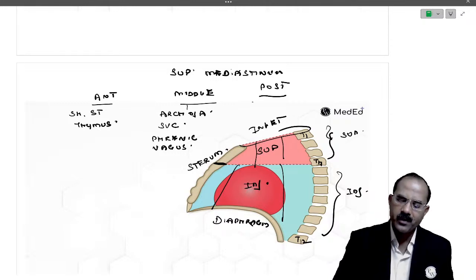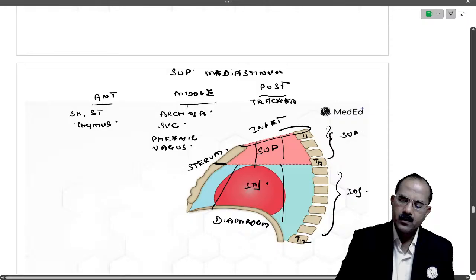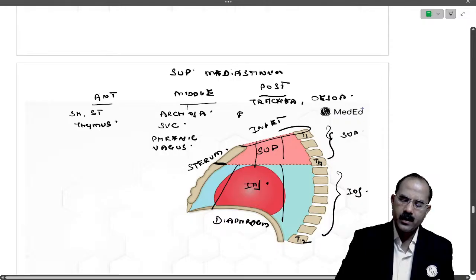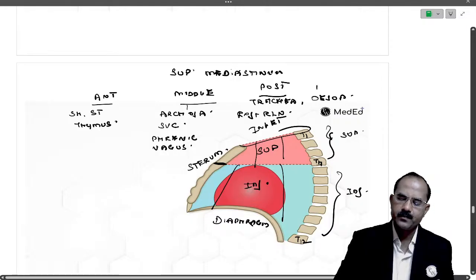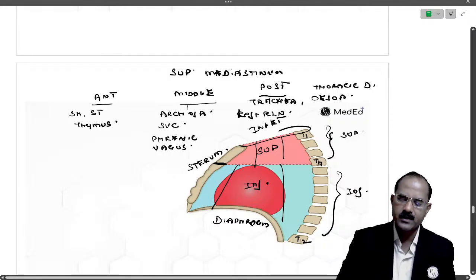We get the trachea, the esophagus, the left recurrent laryngeal nerve, and the thoracic duct.